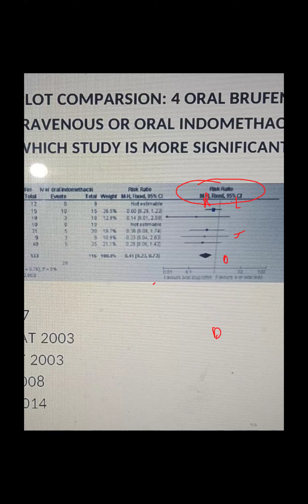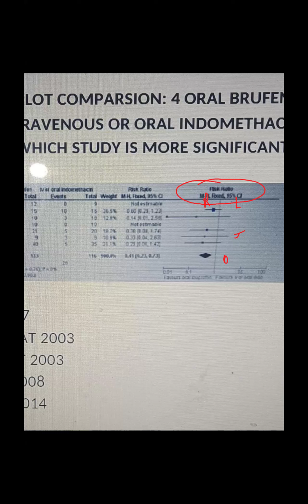Okay, over there I think they are using percentages, as far as I can see. Events and total, they are giving the values probably in percentages. Okay, and if you look at the confidence interval range, almost every study is crossing the midline.